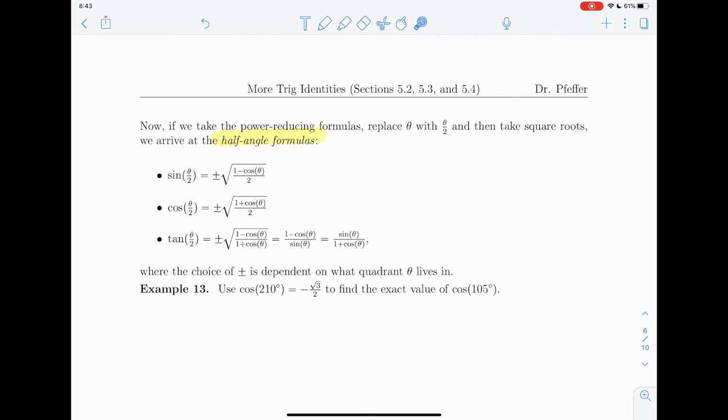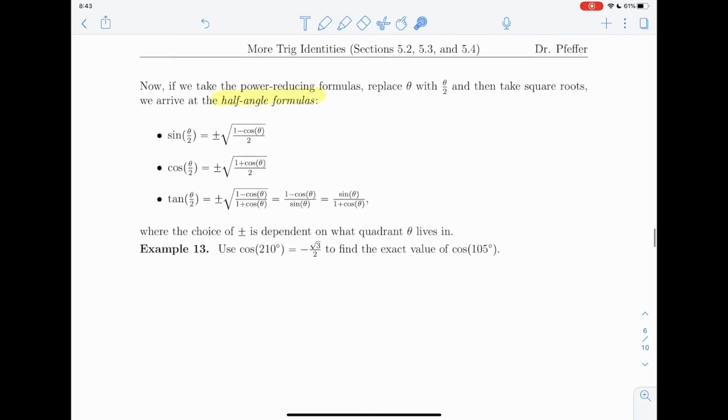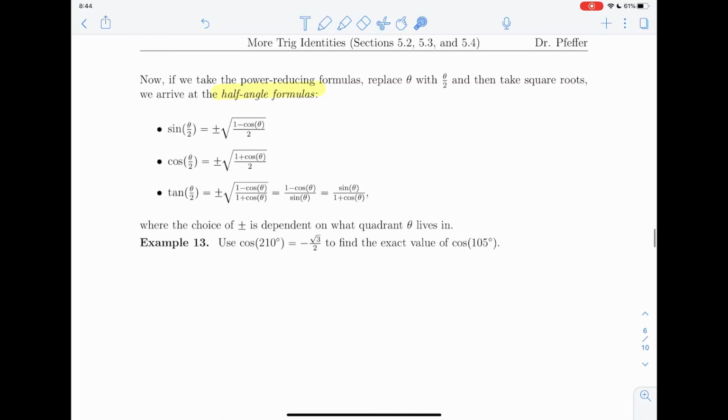That is, if I want to compute the sine of theta over 2, I'll get either the positive or negative root of 1 minus cosine theta over 2, where instead of having both the positive and the negative, usually the context of the problem will help tell you where you need to be, meaning what quadrant the angle lives in. So let's take a look at a quick example of how these might be used.